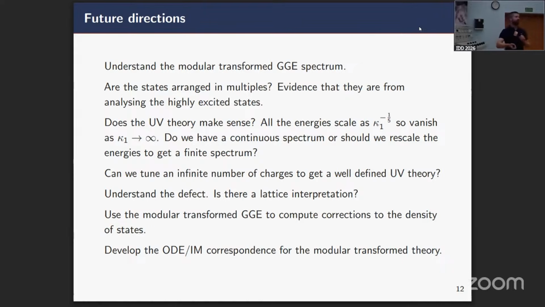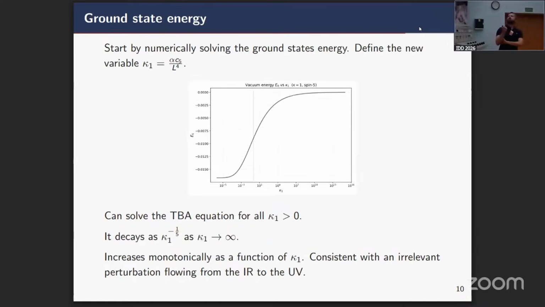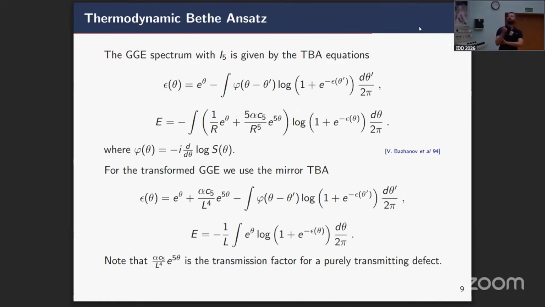these modular transformed theories. So in this modular transformed GGE, I can again, if I go back to the TBA equations, if I just had an e to the 5 theta here when alpha is 0, that gives me the higher charges.